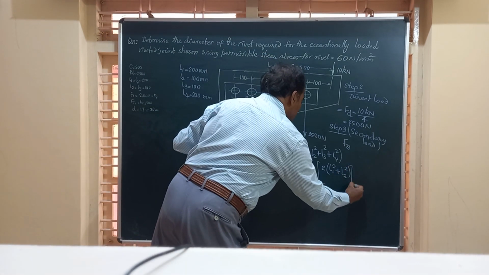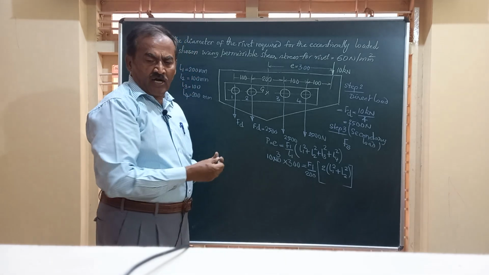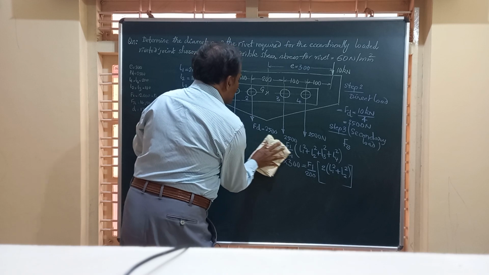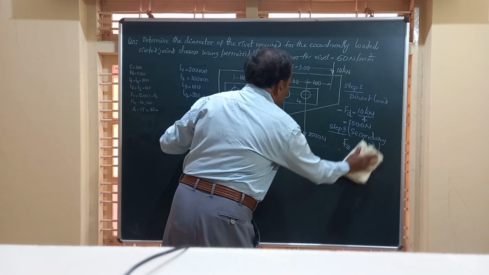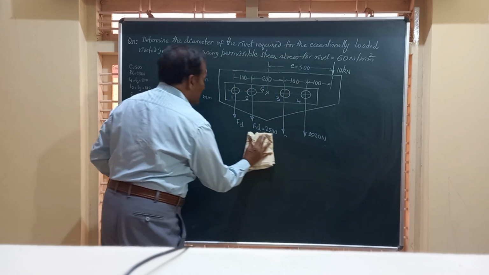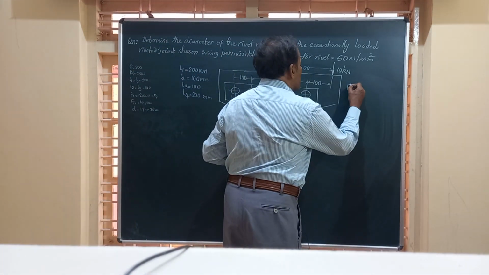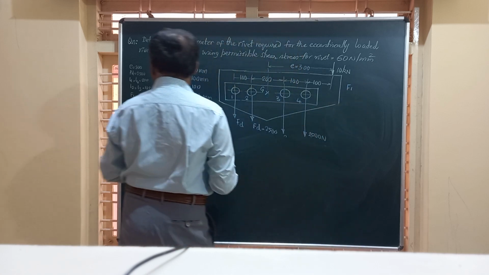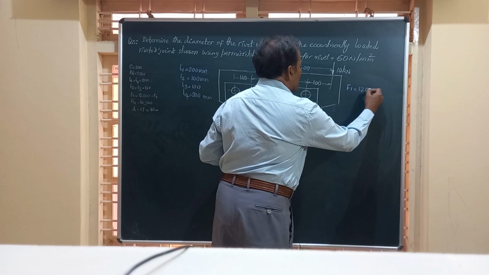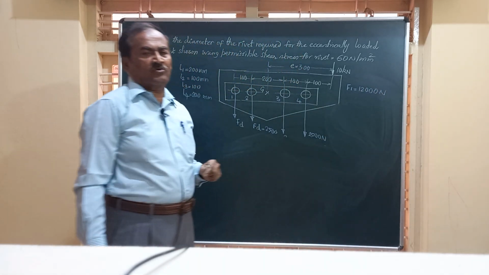We know all these values, and you will be able to simplify and obtain the value of F1, the secondary load at rivet number 1. F1 is equal to 12,000 Newton or 12 kilonewton. So 12,000 Newton is the load.